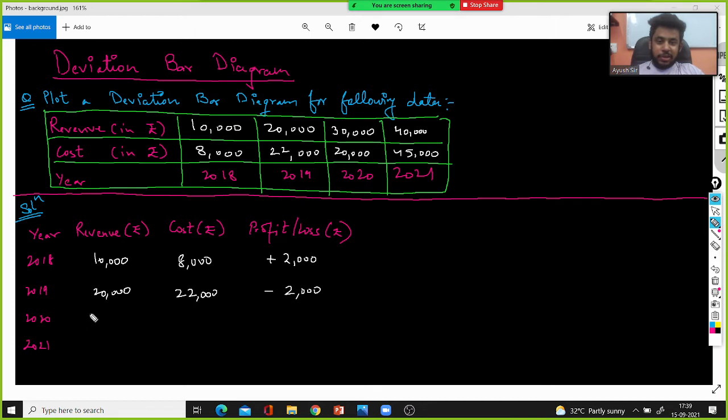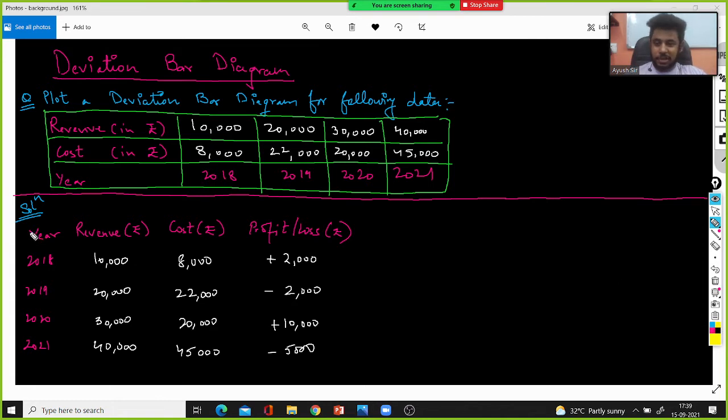Moving further, in the year 2020 your revenue amounted to 30,000 and your cost amounted to 20,000. So you earned a profit of 10,000 in this particular year. In this year you had a revenue of 40,000 at a cost of 45,000. So you had a loss of 5,000 in this year.